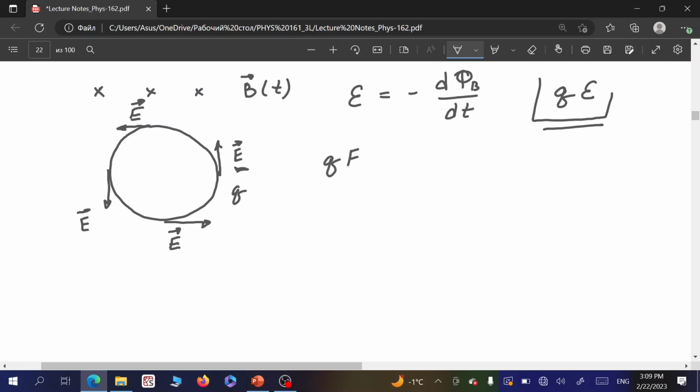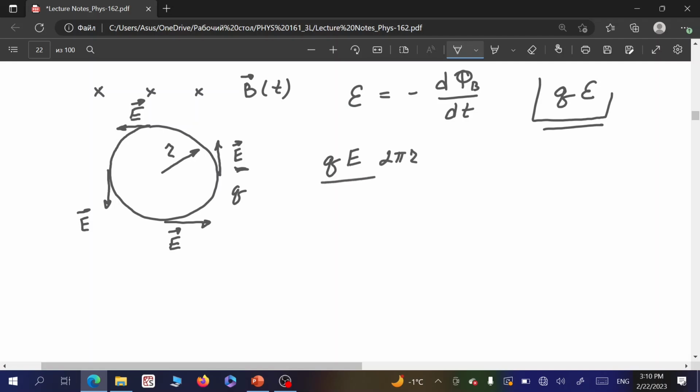Q times the magnitude of the induced electric field. And what will be the displacement in this case? If this is some radius r, this is the circumference of this circle. So it will be 2 pi times r.